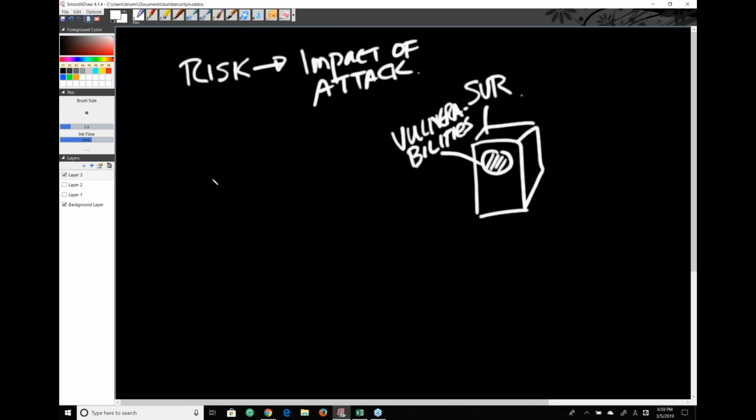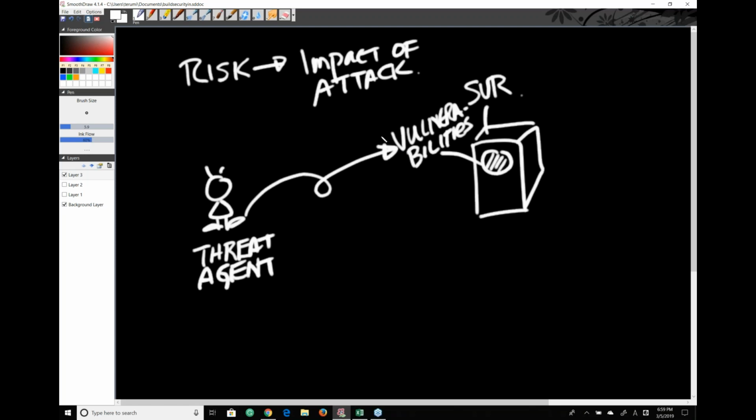Then you must also have something that wants to attack it. There's the attacker, and this is usually called the threat agent. The threat agent is going to attack the vulnerability, and the way the threat agent actually attacks is usually called the exploit.